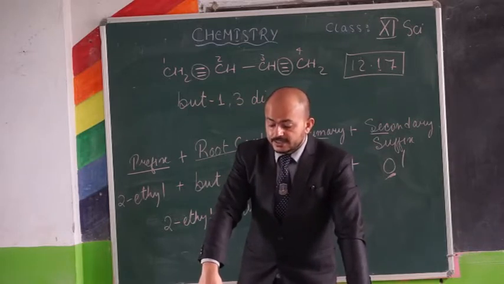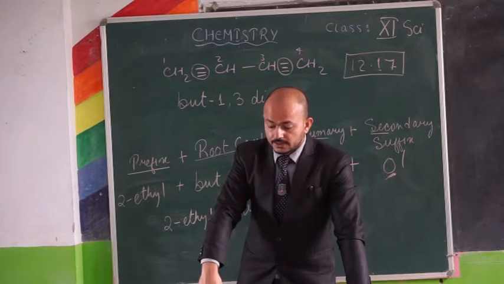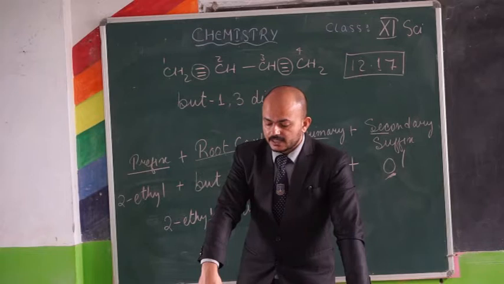If the compound contains a double as well as a triple bond, the two are considered at par while applying the lowest sum rule. However, if the sum of the numbers used to indicate the position of the double and triple bond turns out to be the same, the double bond gets preference in numbering, but the compound is named as the derivative of alkyne in both the cases. So let's take an example where you have a double bond as well as a triple bond.